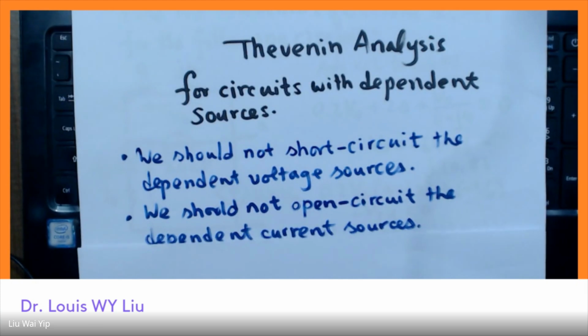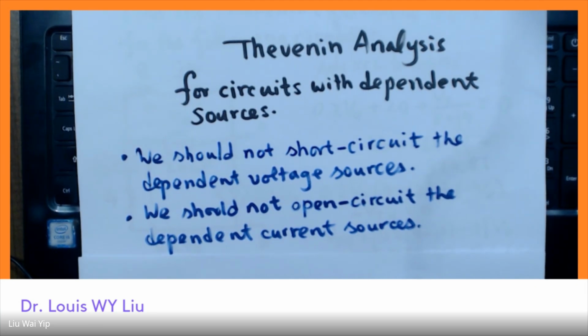And we should not open circuit the dependent current sources. So these are the key things we need to pay attention to. So the Thevenin analysis for circuits with dependent sources is slightly different from the conventional Thevenin analysis.